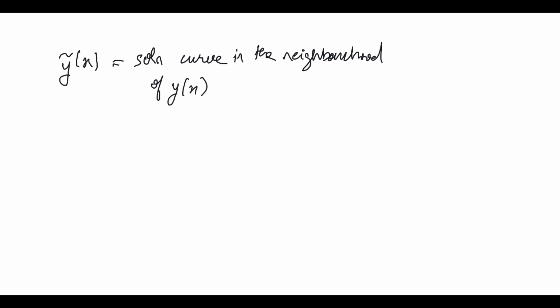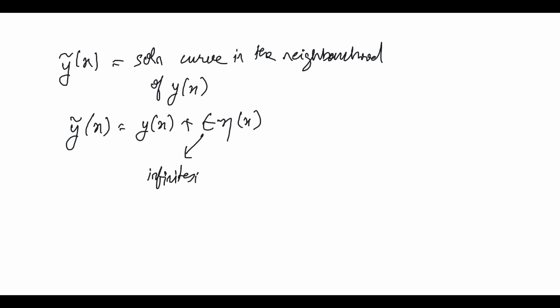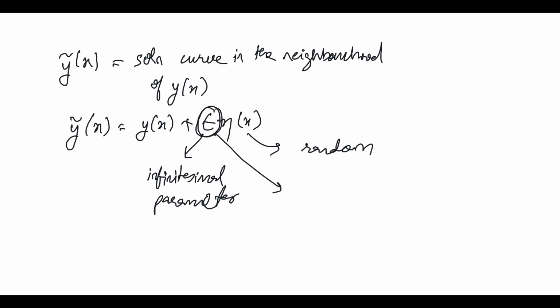And hence I can write y tilde of x is nothing but y of x plus epsilon eta x, right? This epsilon is the infinitesimal parameter, and this is a random function, right? So by varying this epsilon, I will get an infinite number of curves in the vicinity of y of x, correct?